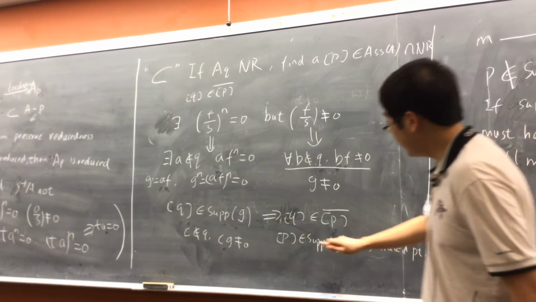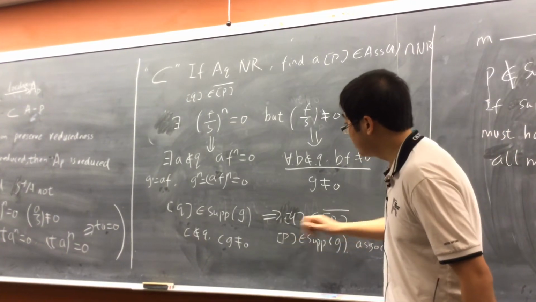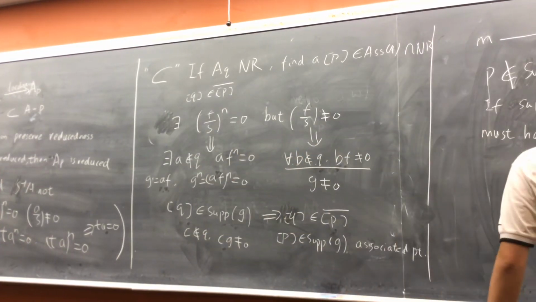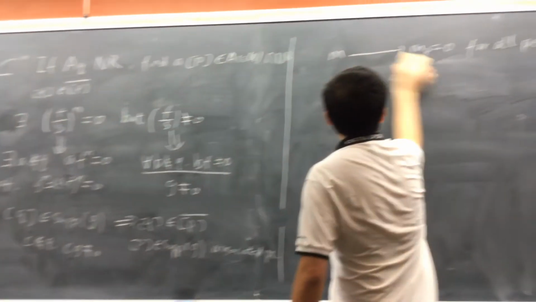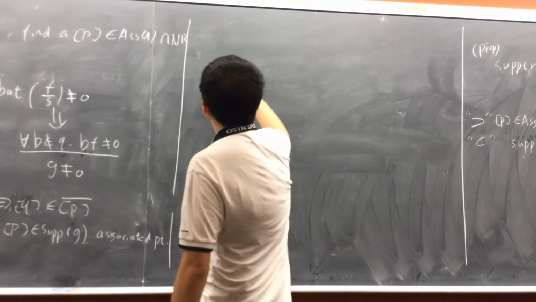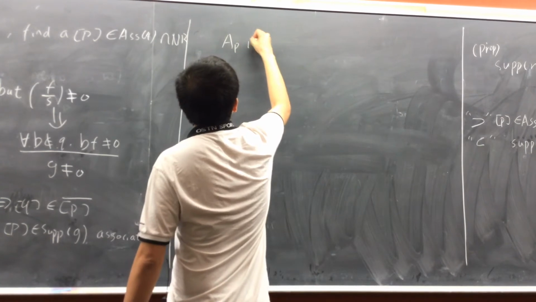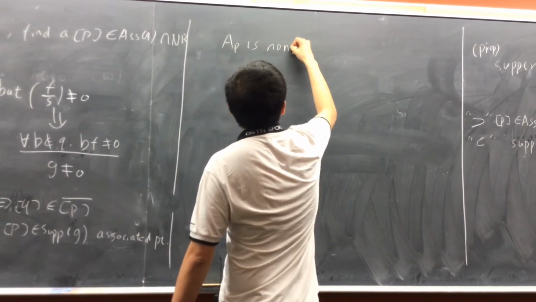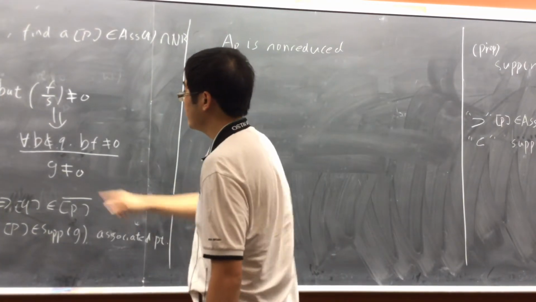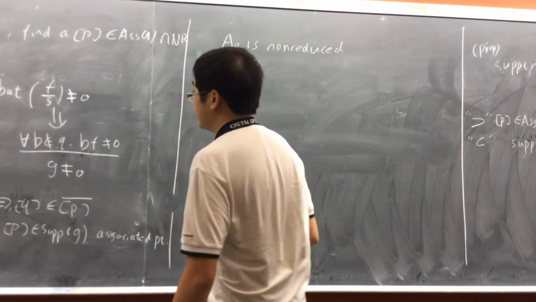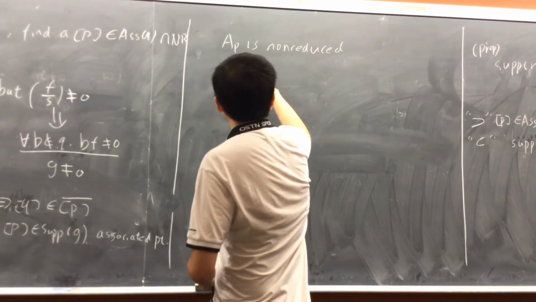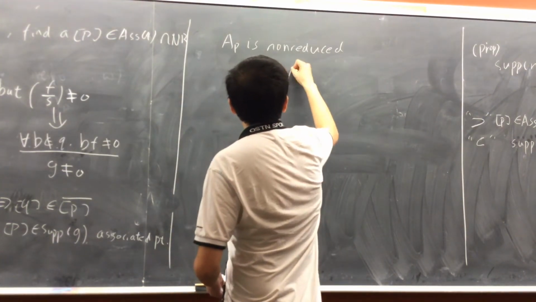And then don't forget that we also need to prove that P is non-reduced, that AP is non-reduced. So AP is non-reduced because of G. I want to say that G is not 0 in AP.